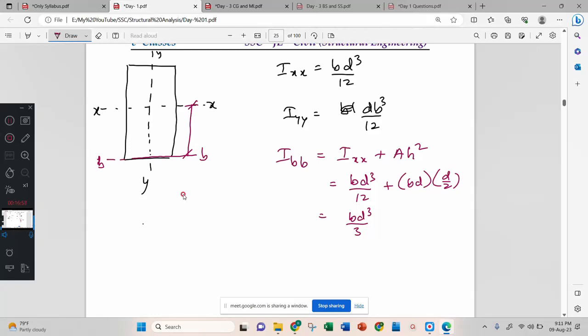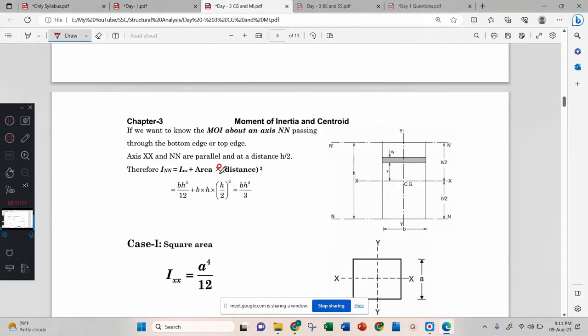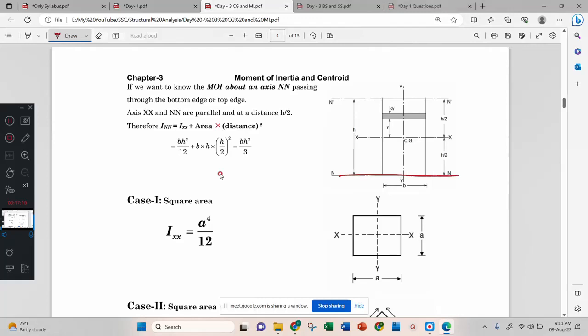Now we will see the diagram here. This is your BH cube or BD cube by 12, and IYY is HB cube by 12. Then polar moment of inertia means adding IXX and IYY, and you will get this one. Then moment of inertia about the base, they have called it INN, and INN equals IXX plus area into distance square.